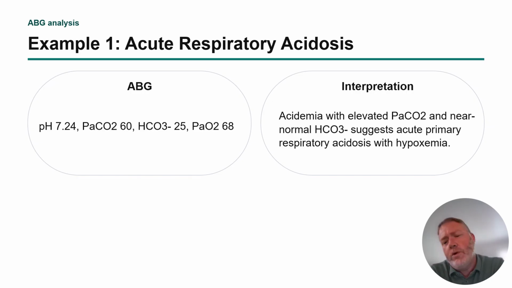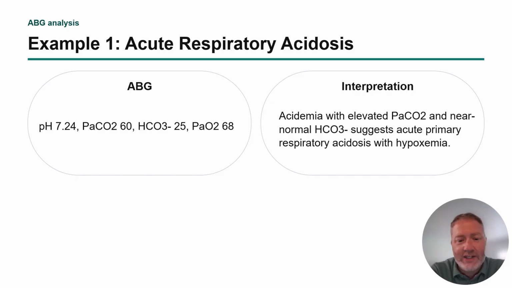So normal PaO2 values for a non-COPD patient are 80 to 100. Normal PaO2 values for COPD patients are 60 to 80. A PO2 of 60 equates roughly to a SpO2 or an O2 sat of 90.